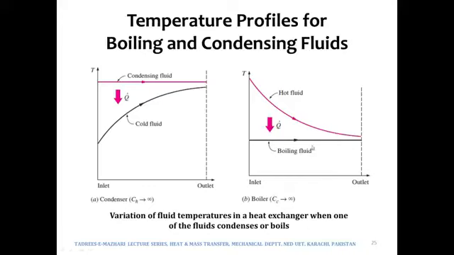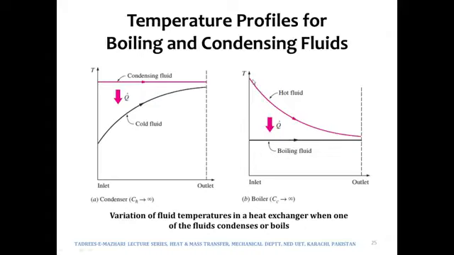So therefore the boiling fluid would be the cold fluid in this case, and the other fluid which is at a temperature higher than the boiling fluid will be termed as the hot fluid. So the temperature of the hot fluid, for example, in the case of boiler, the hot fluid would be the combustion gases. So the temperature of the combustion gases would be more than the water, which is under phase change process.